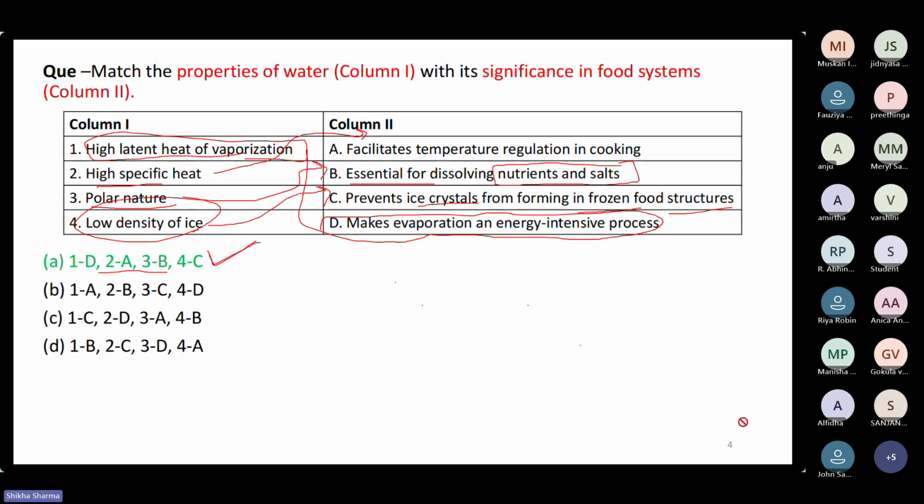Is this question clear to everyone? Let's see how many people have attended today.